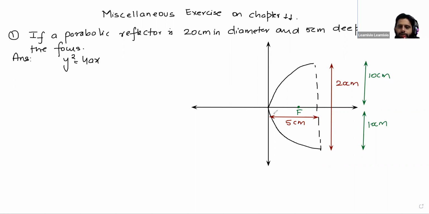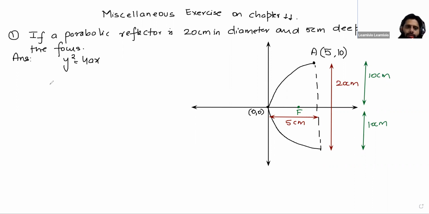Now this is 5 centimeter, this is 20. So this point, let this point be A. So this is the origin, 0, 0. So the distance of origin of this one, this is 5. So we can say the x coordinate is 5 and the y coordinate is 10.